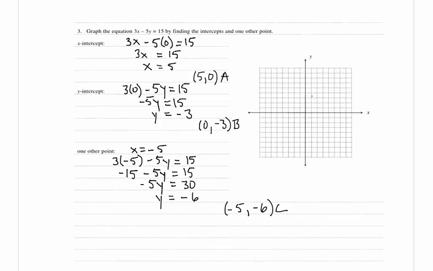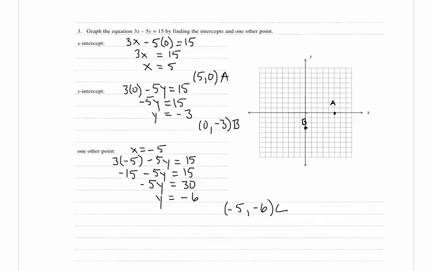And now we're going to plot our 3 points and graph our line. So point A is (5, 0), and this is point A. Point B is (0, -3), so 3 units down from the origin. And point C is (-5, -6).